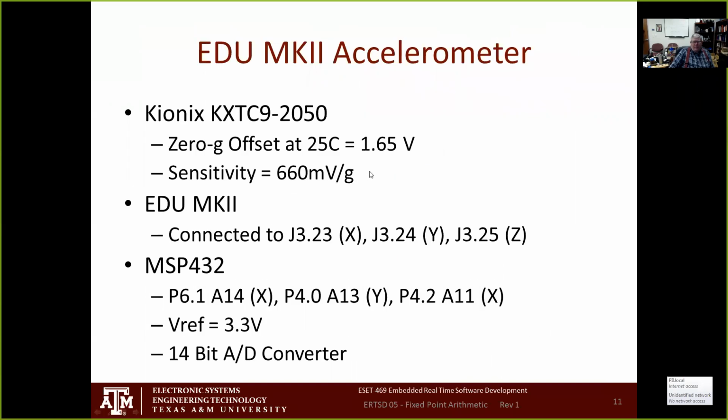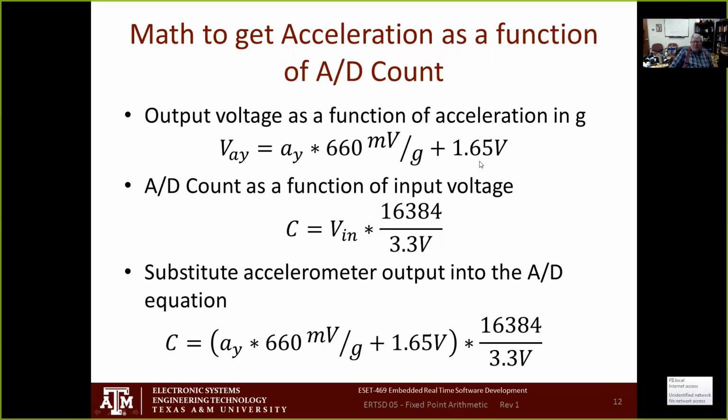Right there, the sensitivity. And I'm going to add an offset of 1.65 volts. So my A to D count, as a function of voltage, because this is a 14-bit A to D, is going to be 16,384 divided by 3.3 times the voltage.